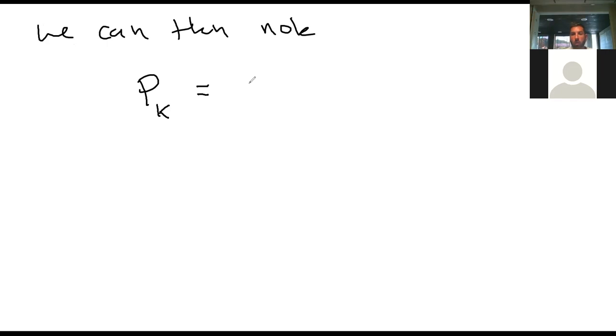Well, here's what we know. We know that it has to be some fraction of the total pressure, right? We know that because if we have three gases, then the sum of the three must be bigger than each individual one. So each individual one must be some fraction of the total. So we can actually be very explicit on what that fraction is.